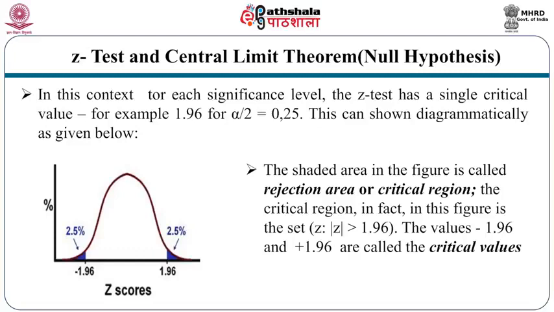Now suppose I compute a Z-test for a given Z statistic. So I will take a sample mean of something like 10 units. Now I want to test whether the population mean mu is equal to mu naught, my mu naught may be 12.